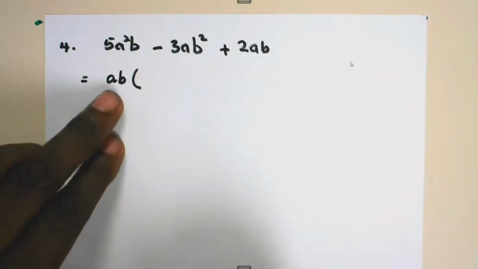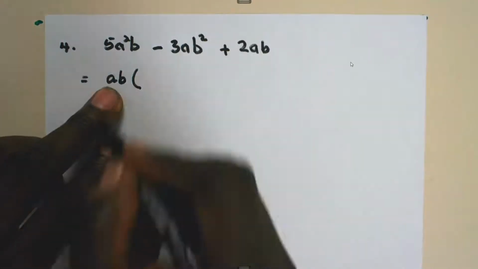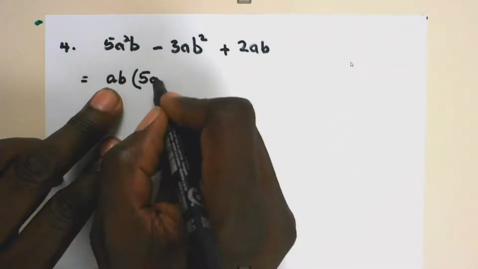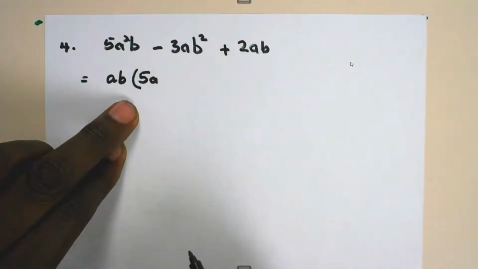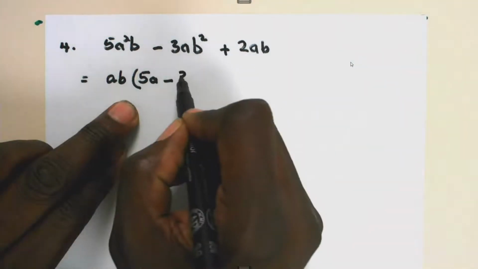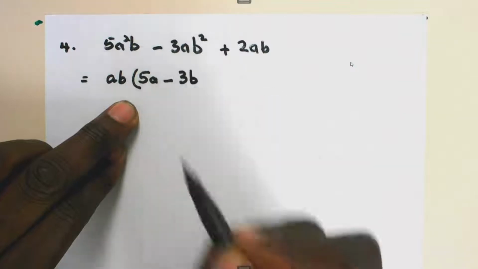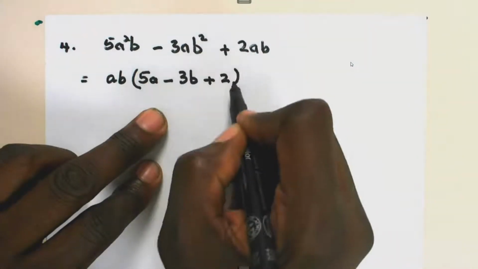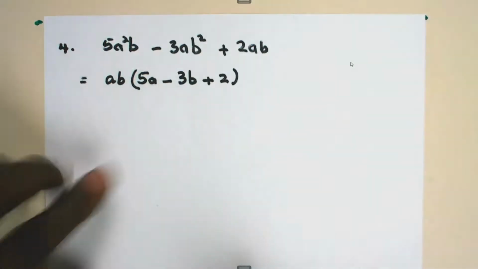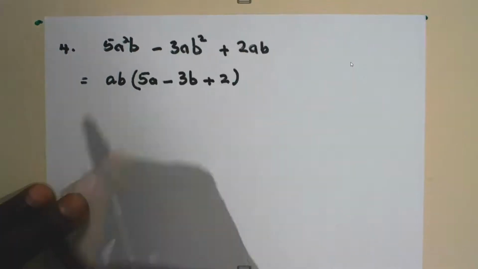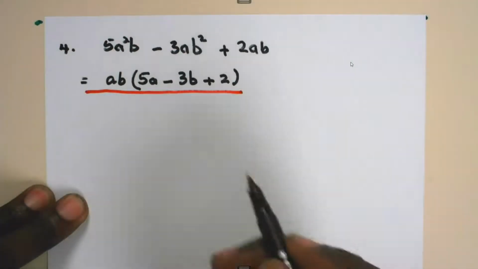When you take out the common factor AB from the first term, we are left with 5a, because B is already there. And then minus, taking that, it will be 3b, since A is there, only B. And then last we have plus 2. This is our answer when you do factorization.